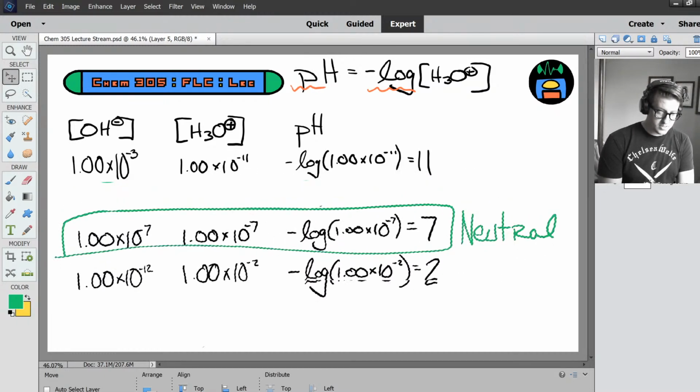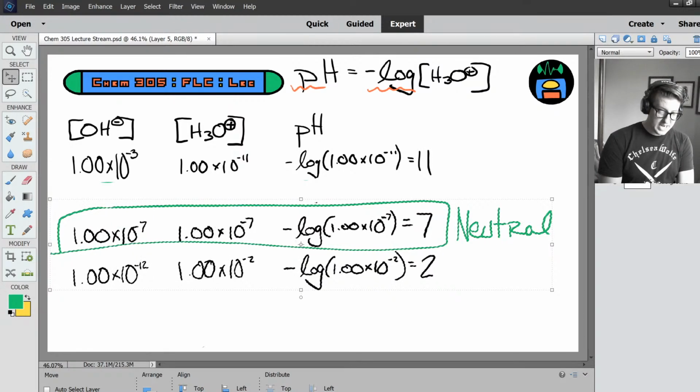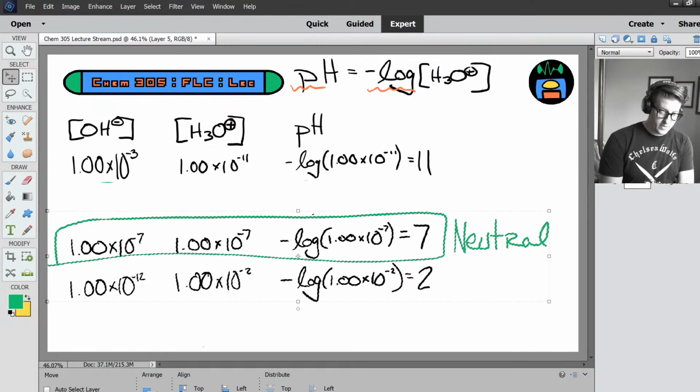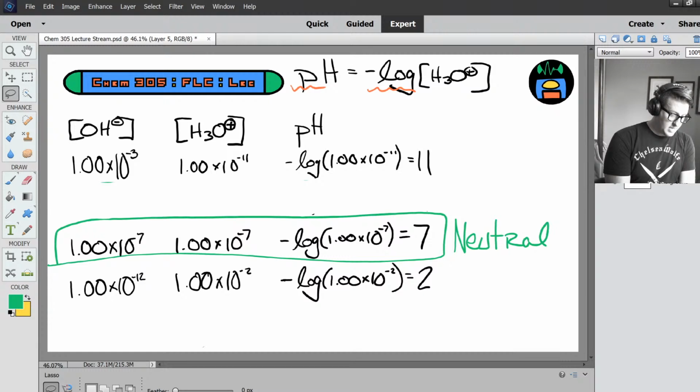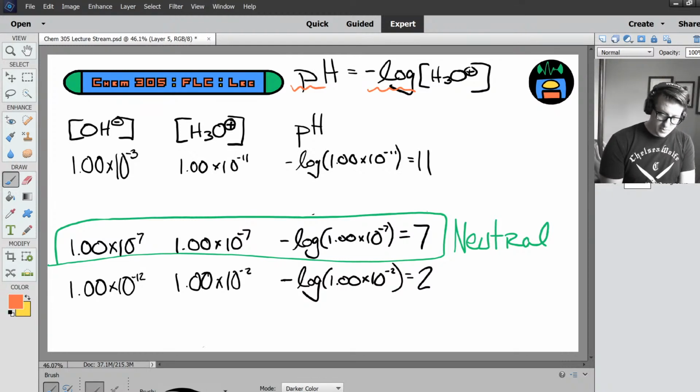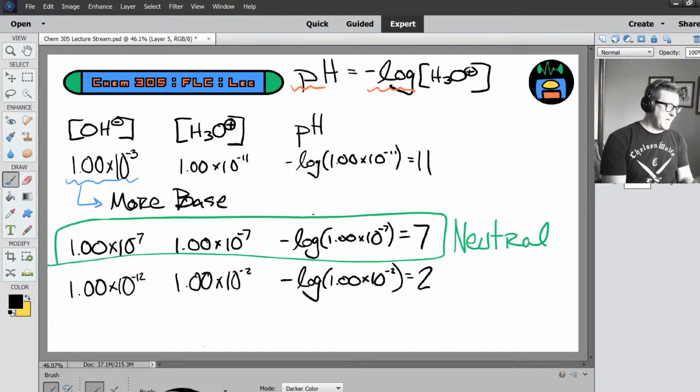All neutral solutions will have pHs of 7. But you'll notice in the first example that we did, you have more base than acid. The molarity of the base is higher.